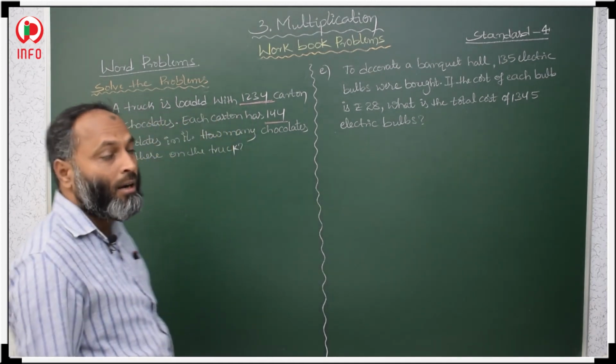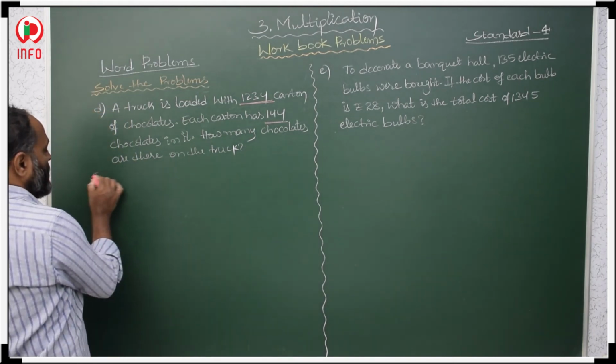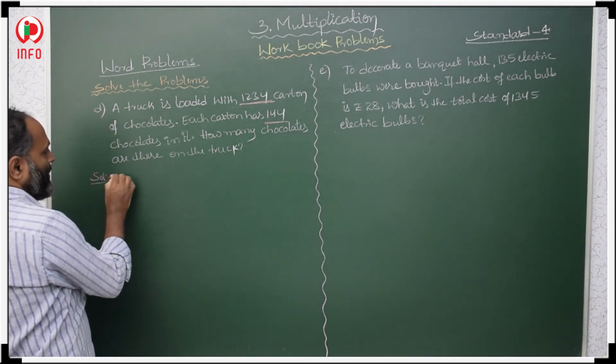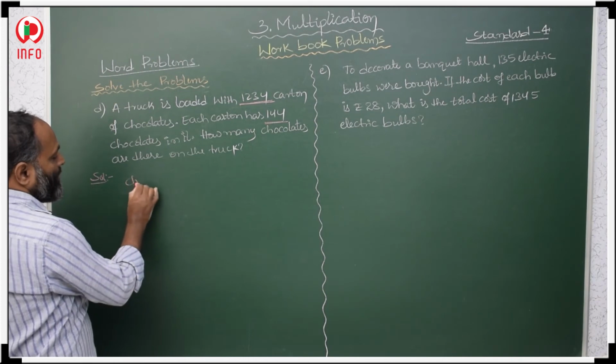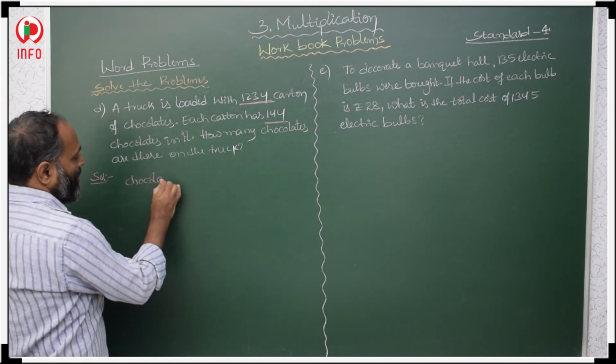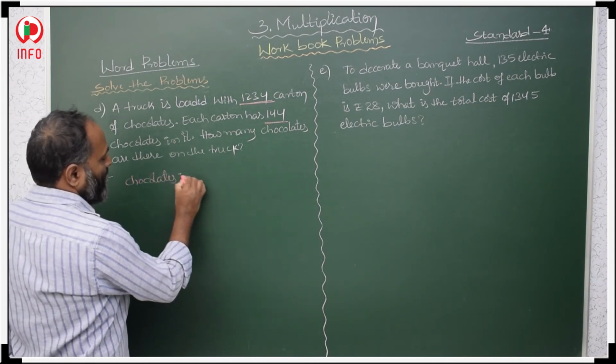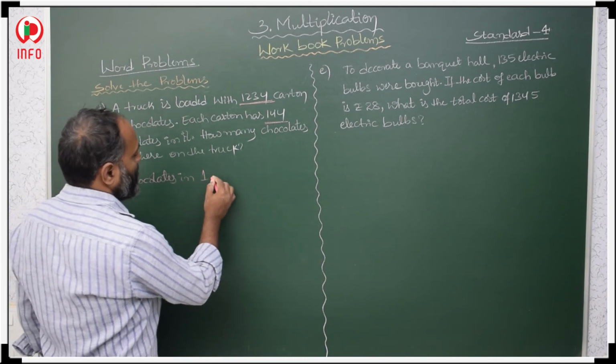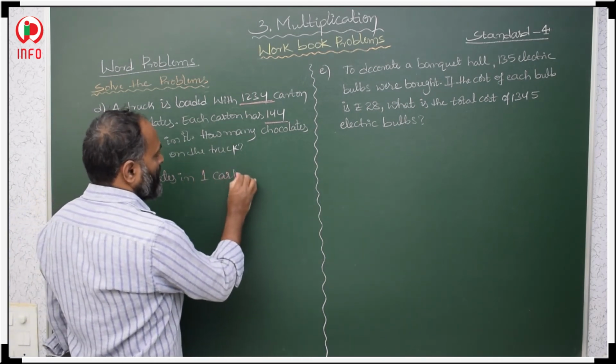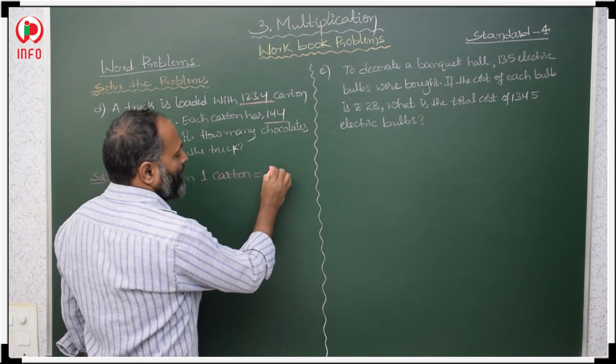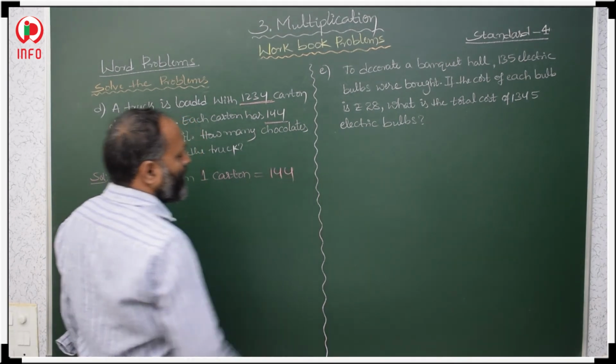So it means we have to multiply. Chocolates in one carton is 144.